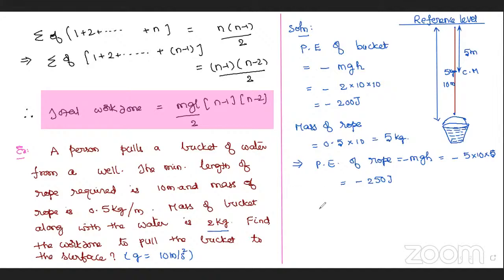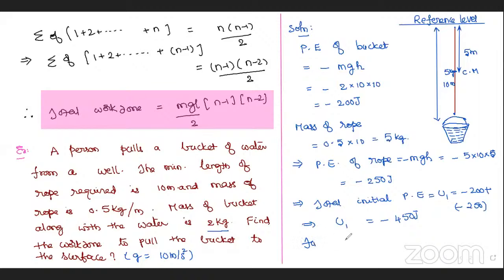So that implies total initial potential energy U1 equals minus 200 plus minus 250, that implies U1 equals minus 450 joules. Everything is pulled to the reference level. Correct only, Nana, the answer is correct. Lakshmi, Satvika, Deepali, correct. U1 is minus 450.